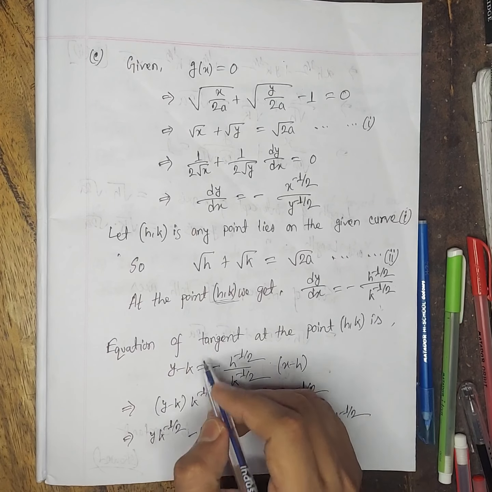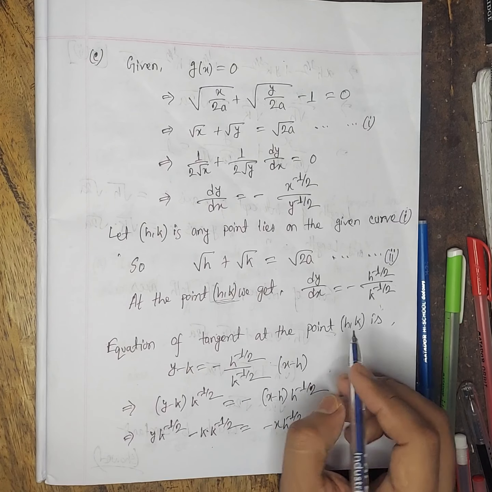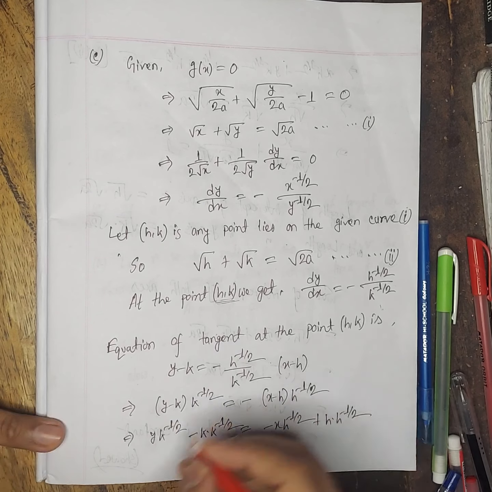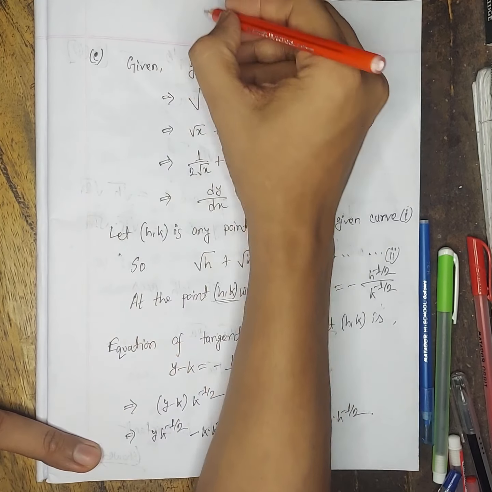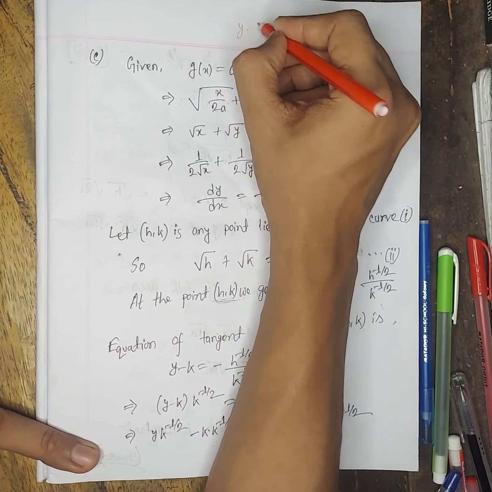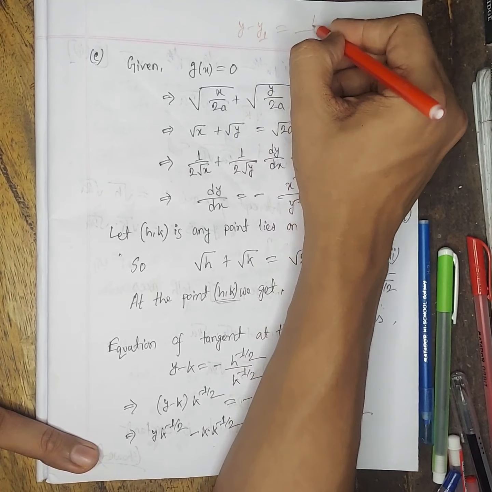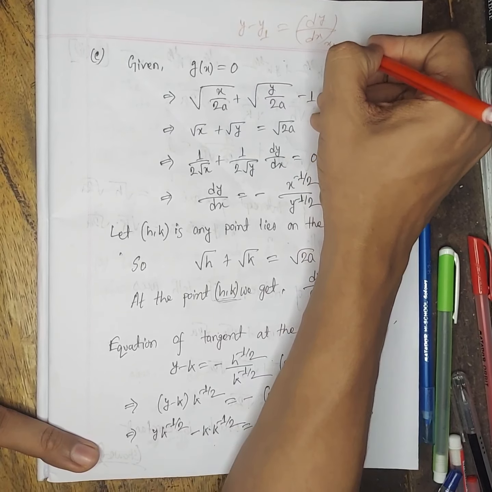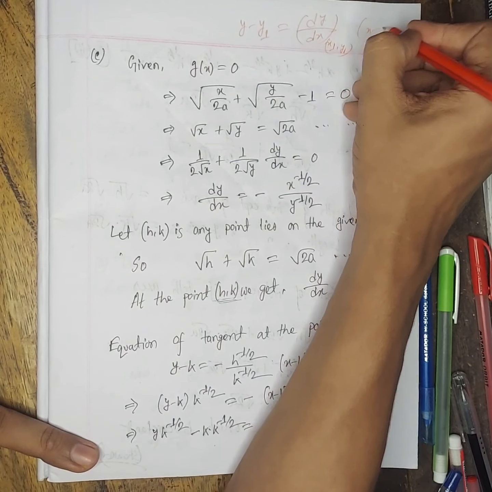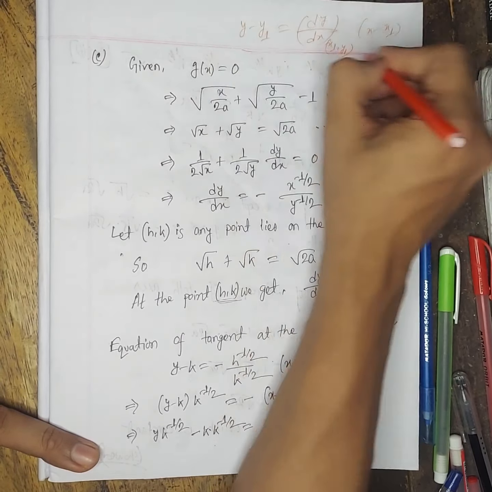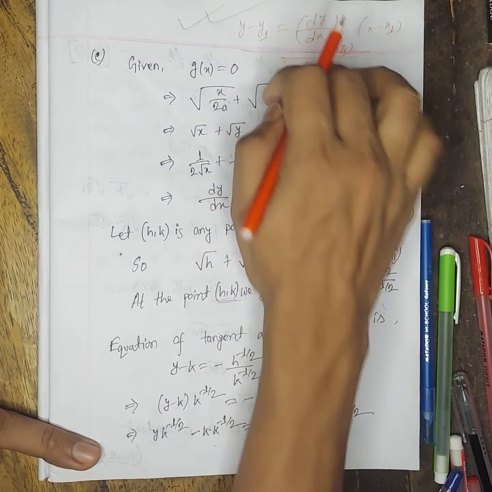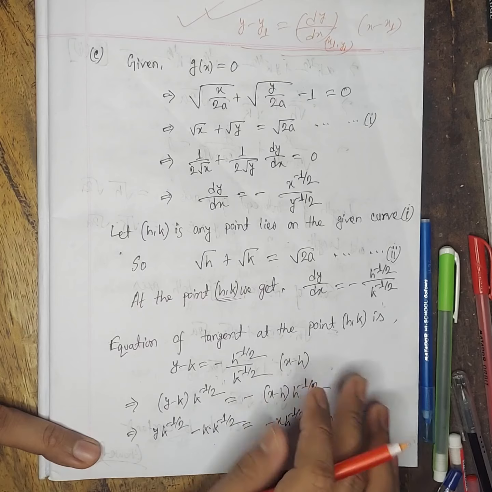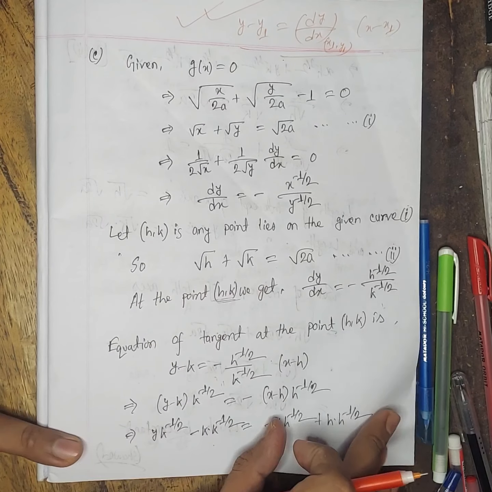Now the equation of tangent at the point h, k: y minus y1 equals dy by dx at x1, y1 times x minus x1. We use this formula here for the equation of tangent.